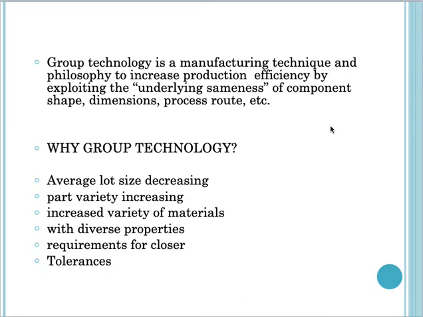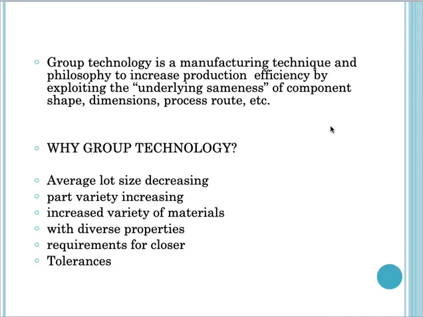Hence, the processing of each member of a given family would be similar, and this results in manufacturing efficiency. These efficiencies are achieved in the form of reduced setup times, lower in-process inventories, better scheduling, improved tool control, and the use of standardized process plans.